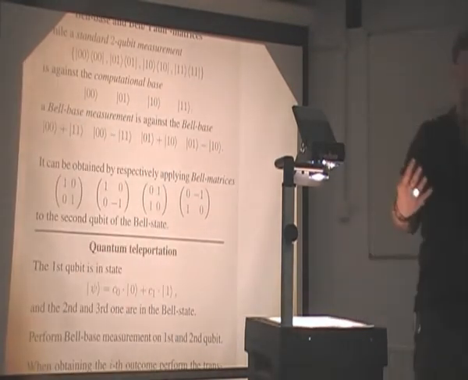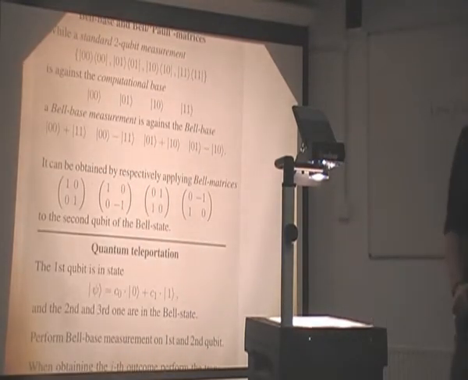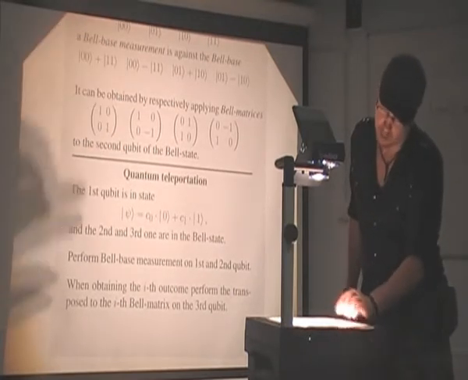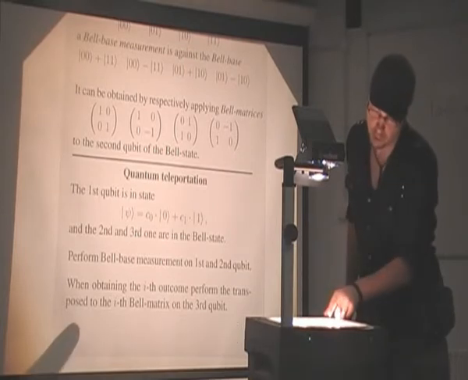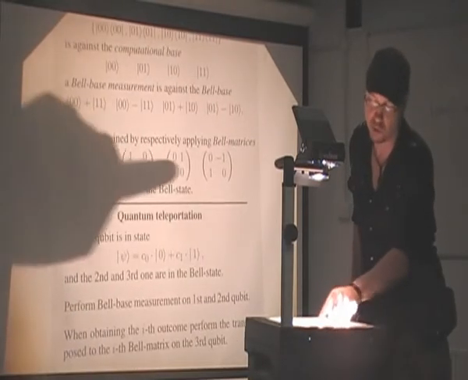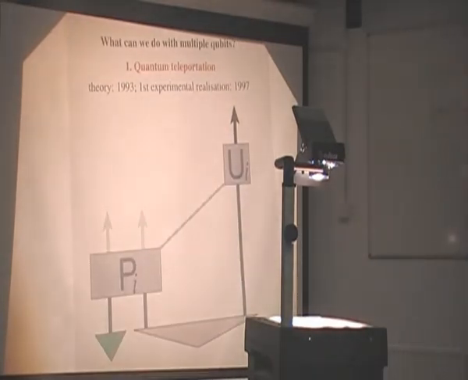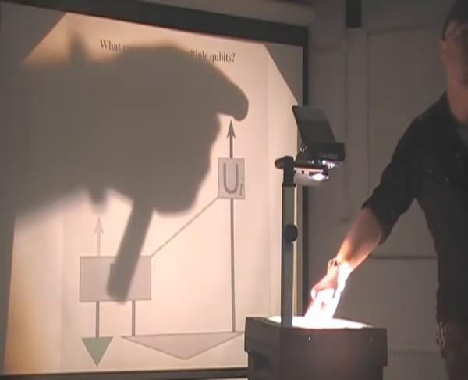The projectors which will change the state are projectors on these vectors. And then, when we obtain the outcome, we perform the transpose of the corresponding measurement on the third system. And the claim is that if you do all that, whatever state is here will end up there.